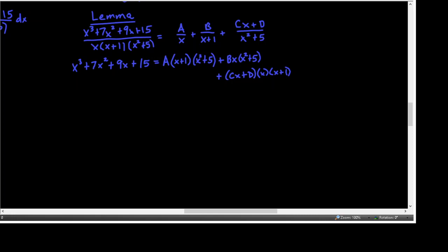Alright, so on this one, I'm going to multiply things out on the right hand side.